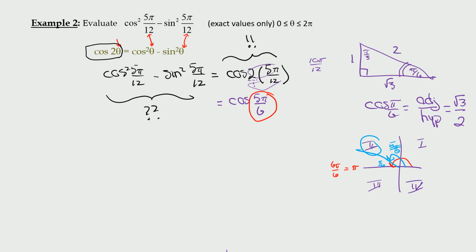So in quadrant 2, cos is negative. So my answer to this question up here, cos of 5 pi over 6, we already got the root 3 over 2, but that's got to be a negative because it's in quadrant 2. So there is my answer to the original question, which was pretty messy looking, but using our double angles, we managed to make it a lot more simple, something we can work with.